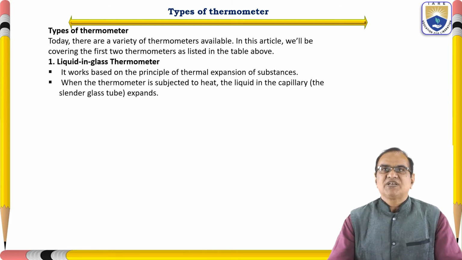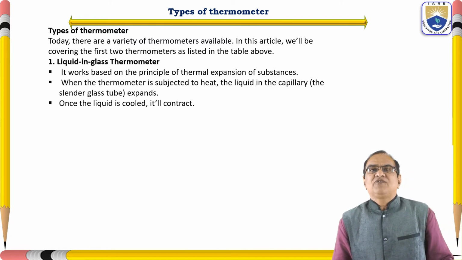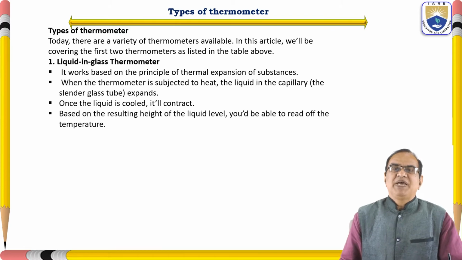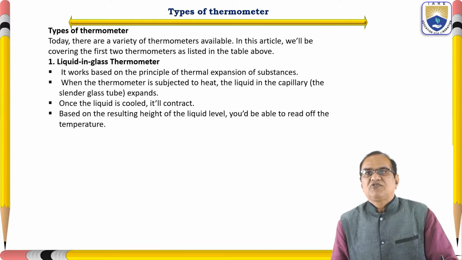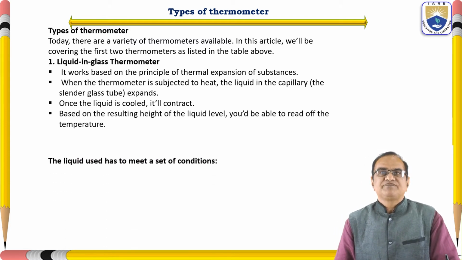When the thermometer is subjected to heat, the liquid in the capillary, the slender glass tube, expands. Once the liquid is cooled, it contracts again. Based on the resulting height of the liquid level, you will be able to read off the temperature.